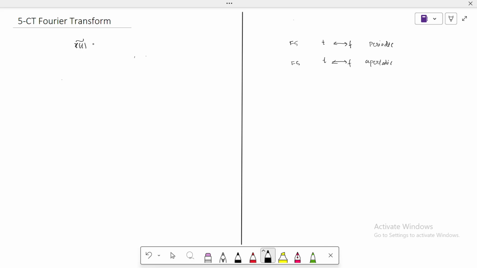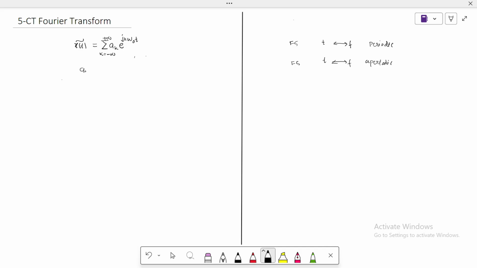So the continuous time Fourier series representation is equal to sigma a_k into e power j k omega naught into t. Here k must be from minus infinity to plus infinity.